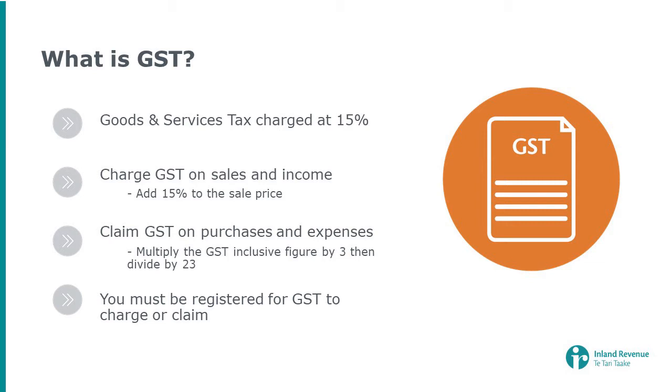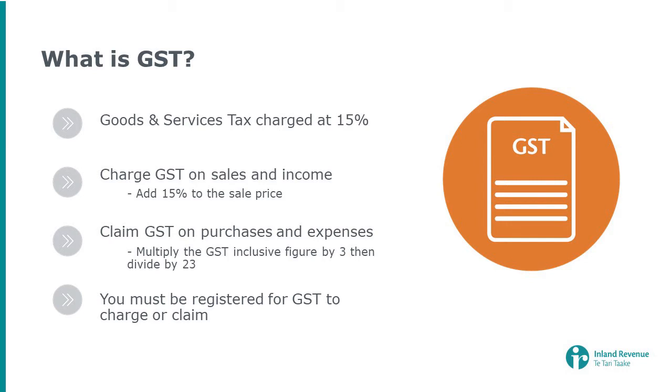For example, if the expense is $115 including GST, we take the $115 and multiply by 3. This gives us an answer of $345. We then divide this result by 23 and we get a GST figure of $15. So to work out the GST content for a price including GST, take the total, multiply it by 3 and divide the answer by 23.